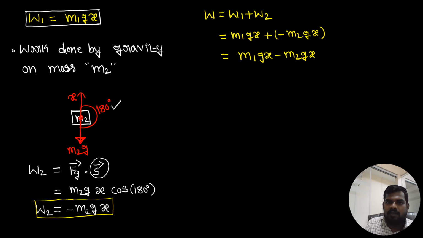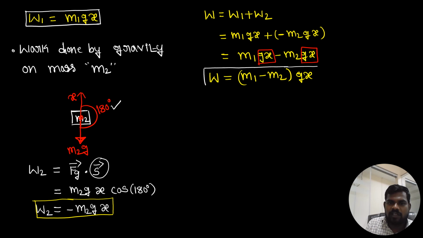Here gx is there, and this side also gx is there. Now taking the common, we get m1 minus m2 into gx. This is the total work done by gravity on the system: m1 minus m2 into g into x.